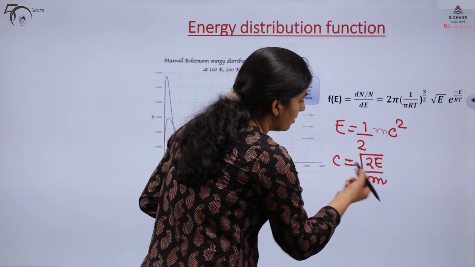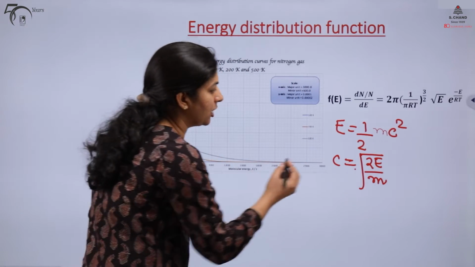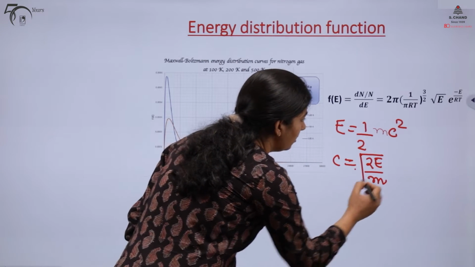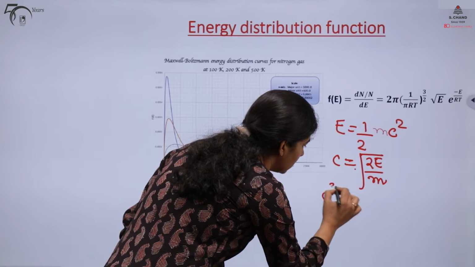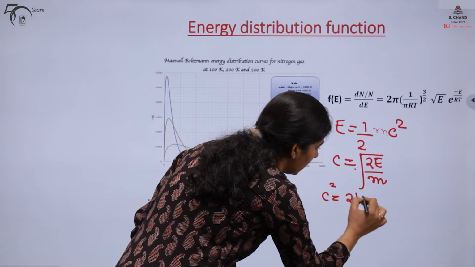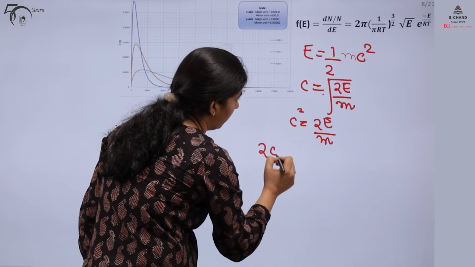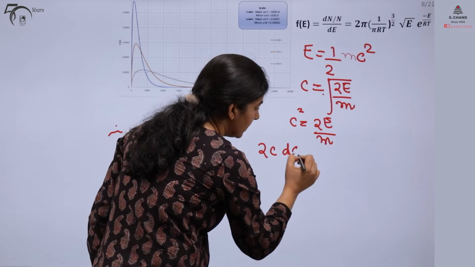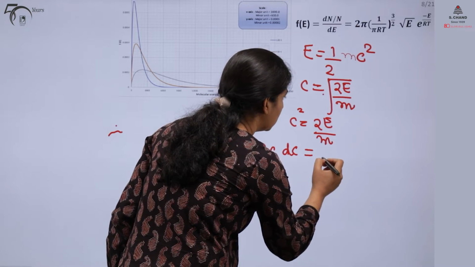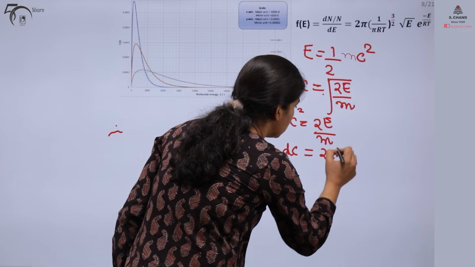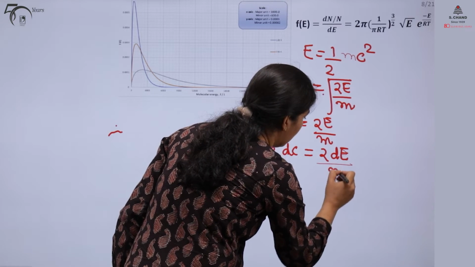Using this relationship between velocity and energy, we can also differentiate. We can write c square equal to 2E by m. On differentiating this equation, we get 2c dc equals 2 dE by m.